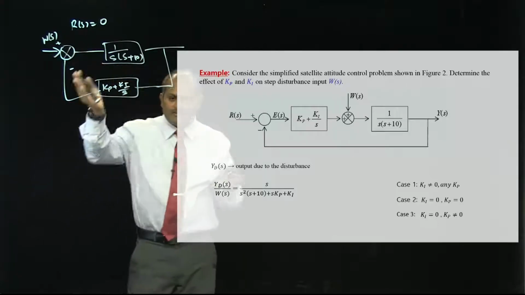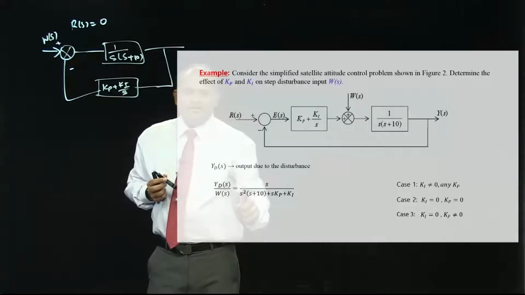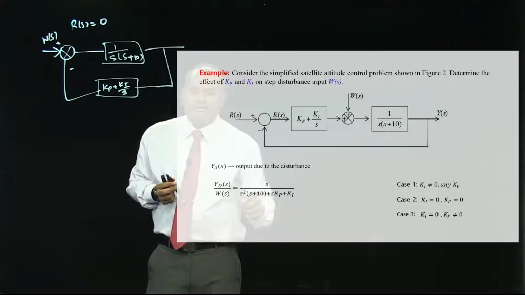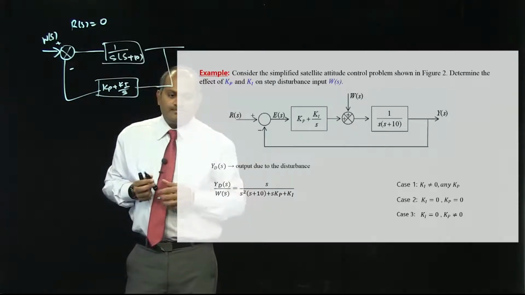So, you will have this kind of transfer function. Then identify the closed loop transfer function Y by W of S. So, you will have Kp and Ki affecting the system properties, and you have the characteristic equation in this form.